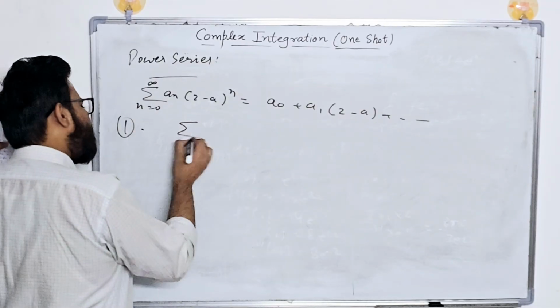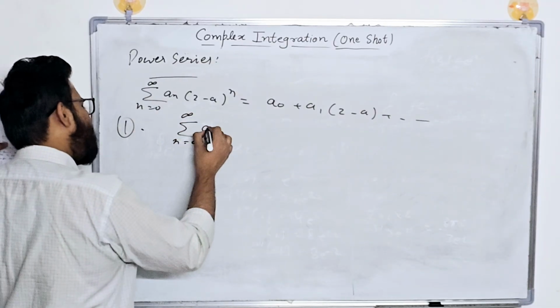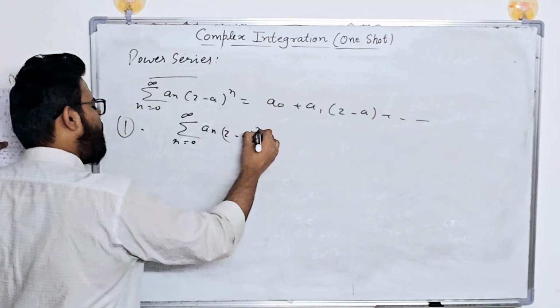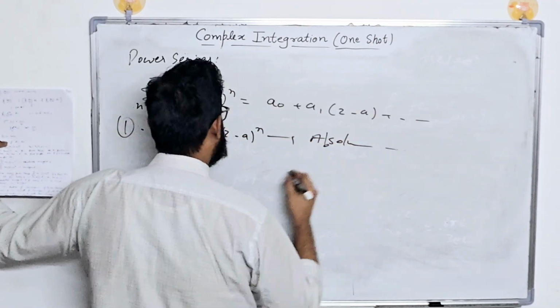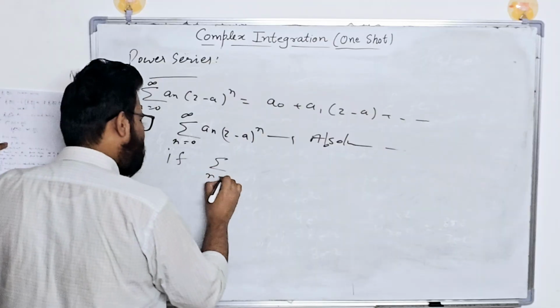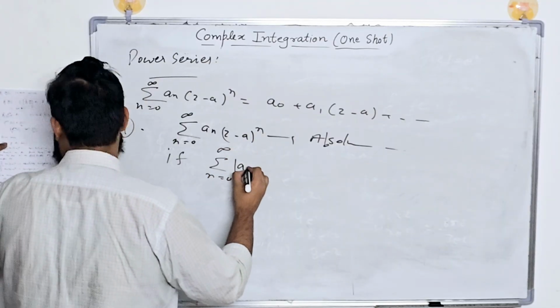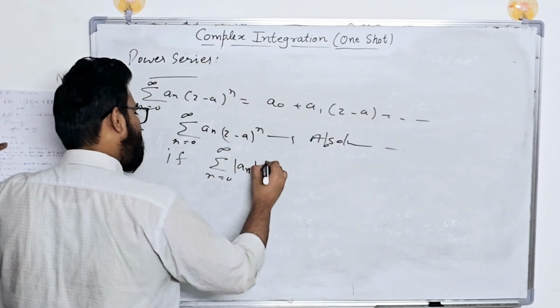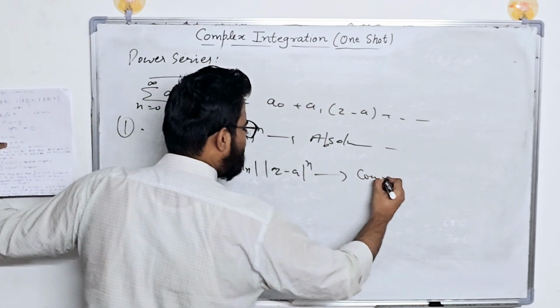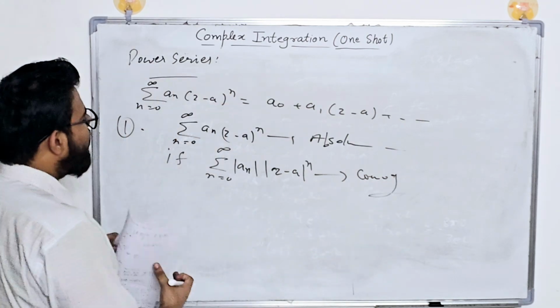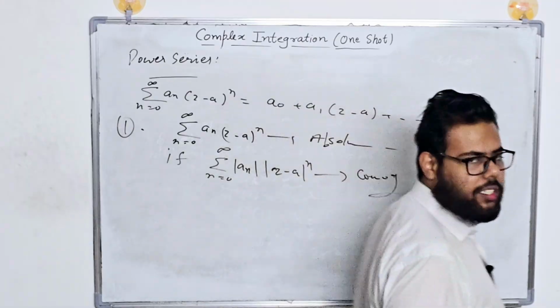So the sum from n is equal to 0 to infinity of a n times (z minus a) raised to power n is absolutely convergent if the sum of the modulus of a n times the modulus of (z minus a) raised to n is also convergent. So this is called absolutely convergent if this converges, right?